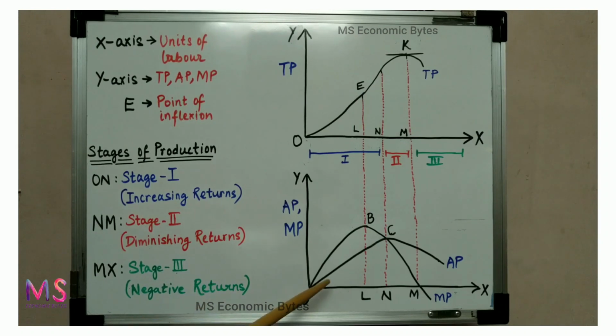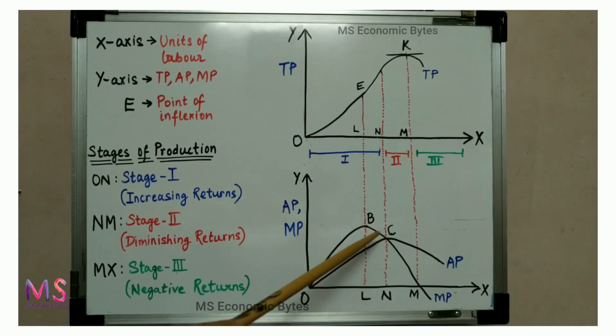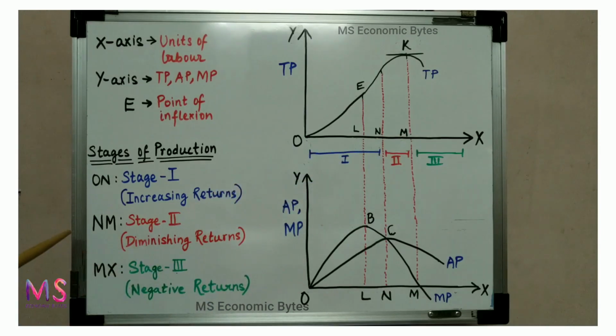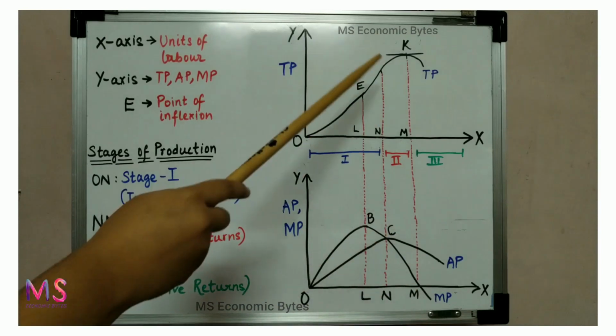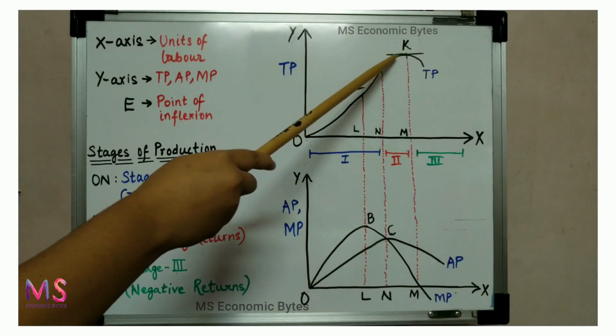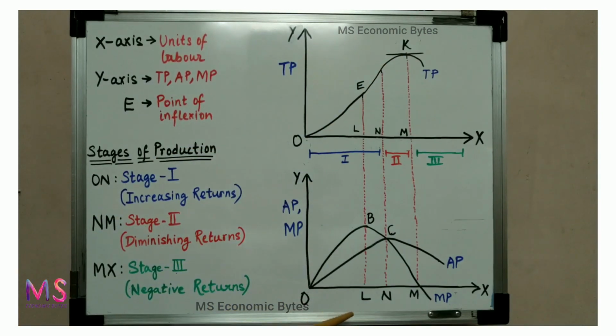As for the average product, it increases and reaches its maximum at the end of stage 1. Now about stage 2, it is known as the diminishing returns. In stage 2, the total product continues to increase at a declining rate, whereas the marginal and the average product are falling, but still positive.